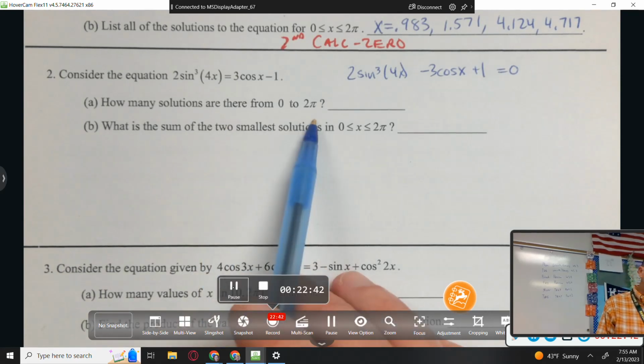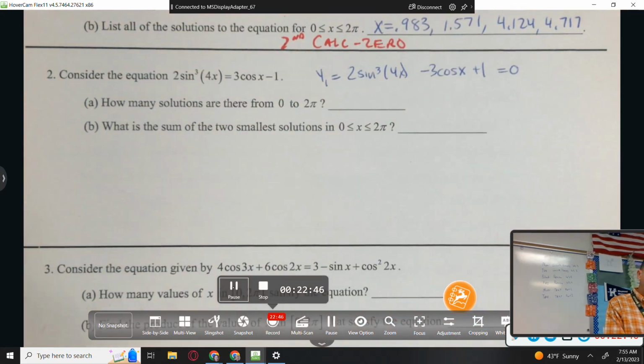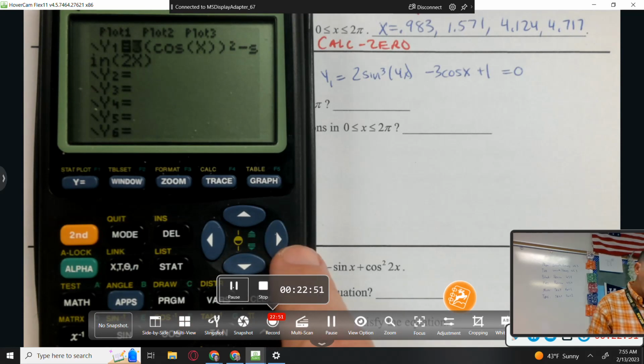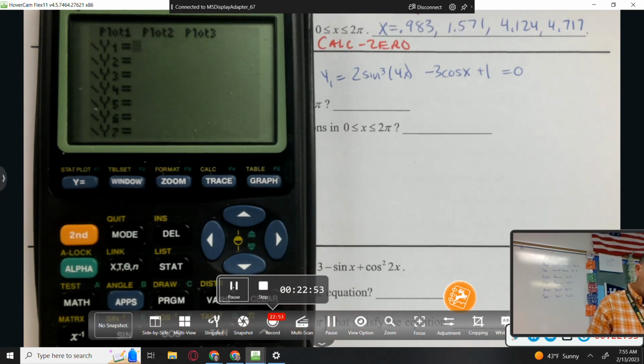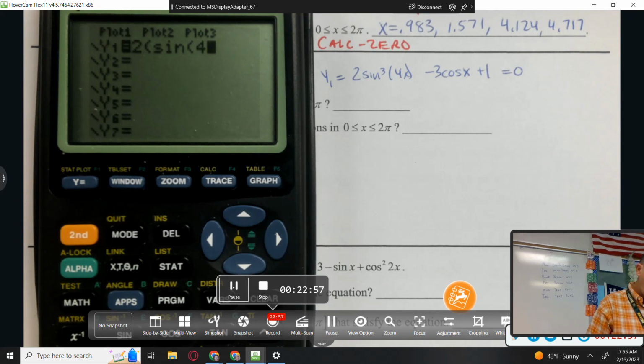How many solutions are there from 0 to 2 pi? I have no idea until I look. Okay, I've got some cube things going on in here.